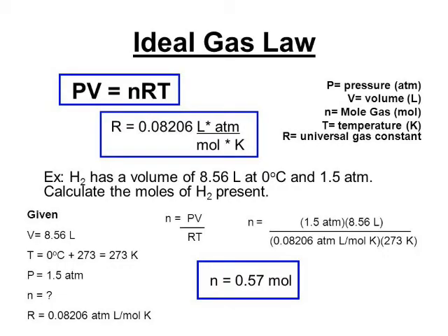The ideal gas law has the formula PV equals nRT. R is 0.8206. So that's the ideal gas law. Okay, let's try to solve some problems. If I have 4 moles of gas at a pressure of 5 atm and a volume of 12 liters, what is the temperature? So we're going to use the ideal gas law.